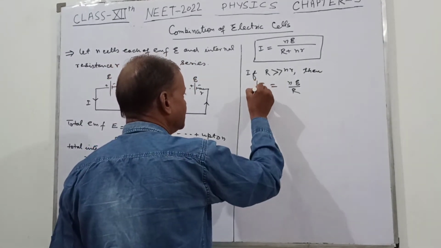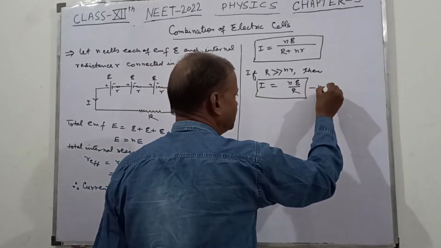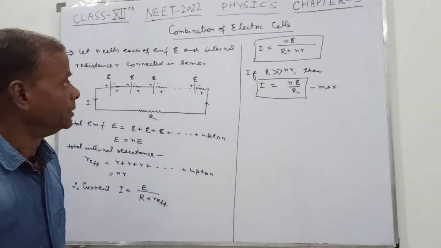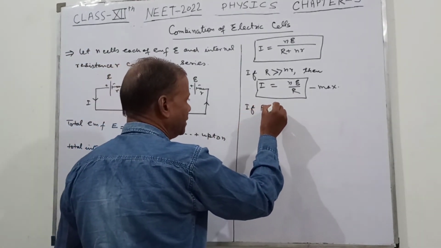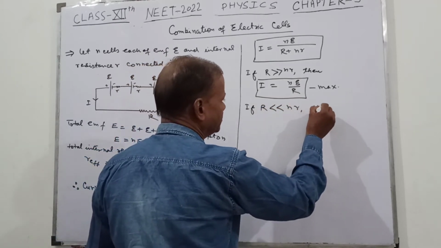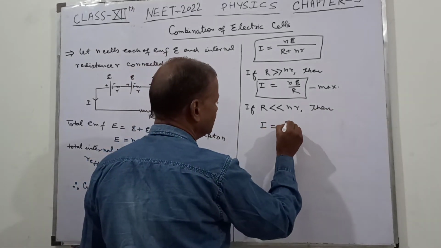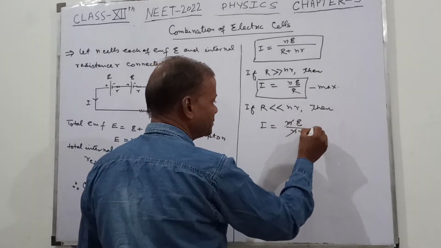Now if R is very much less than nR, then I is equal to nE upon nR. nR will cancel.